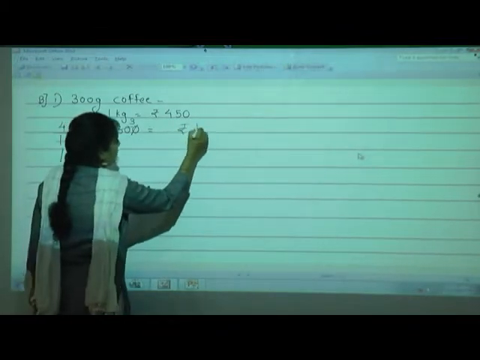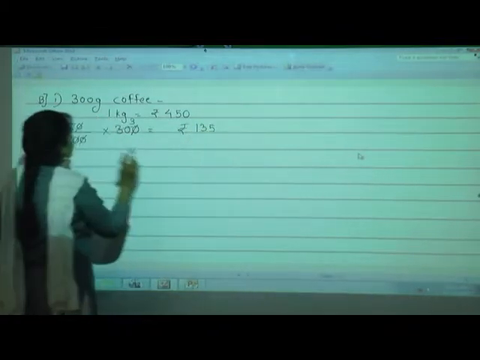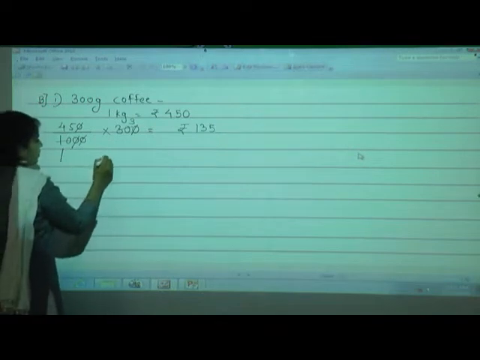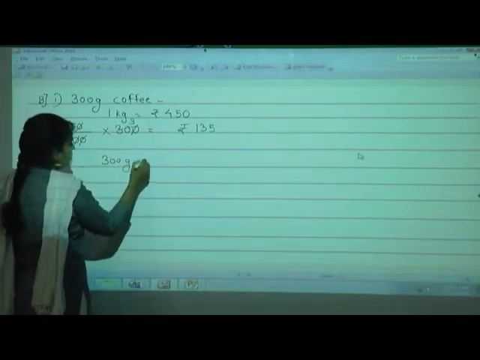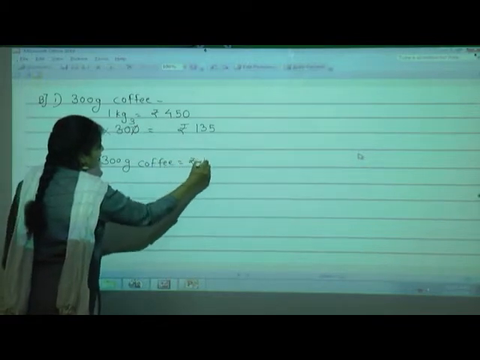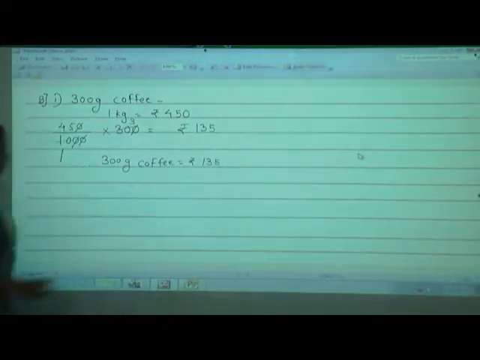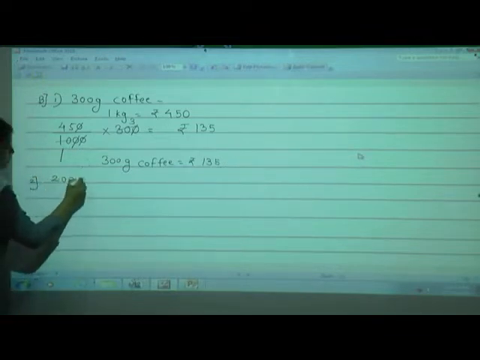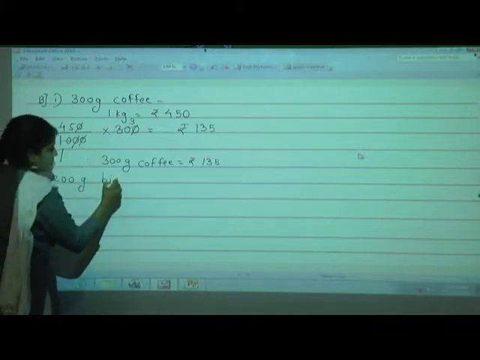Rupees 135. So therefore 300 gram coffee is for rupees 135. Now the next item is 200 gram biscuits.